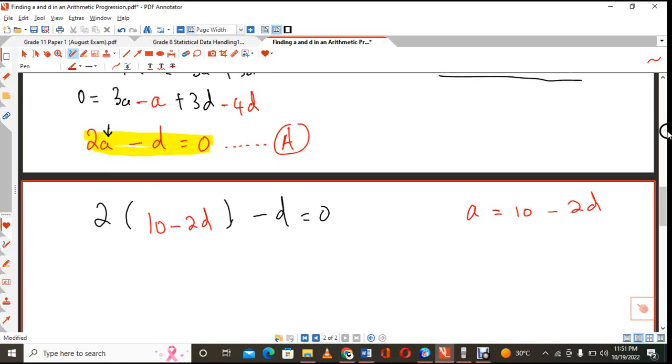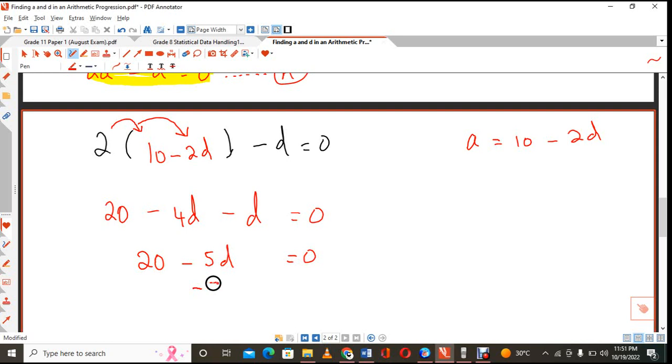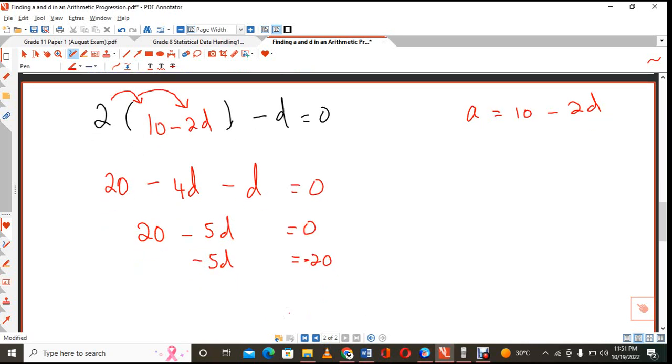So if you multiply, you get 20 minus 4D minus D equals 0. We have 20 minus 5D equals 0. Negative 5D equals negative 20. At the end of the day, D is going to be a positive number. So D will be negative 20 divided by negative 5, so D is equal to 4.